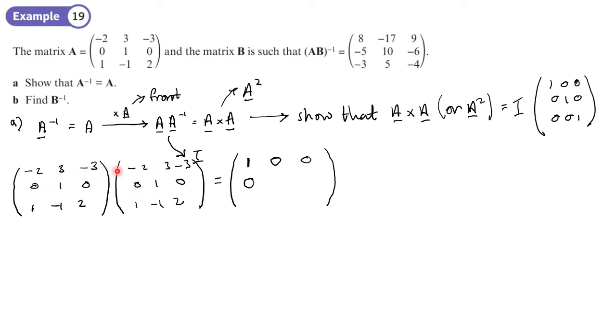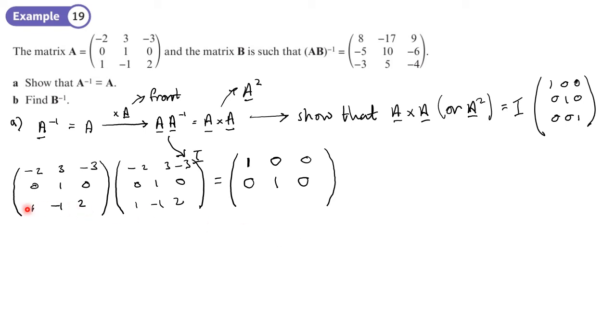So 0 times by 3, 0. 1 times by 1, 1. And 0. So it's looking very good. And moving on to the last column in the second row. So 0 times negative 3, 0. 0 and 0, so we get 0. So unless this all goes wrong, it's looking good.